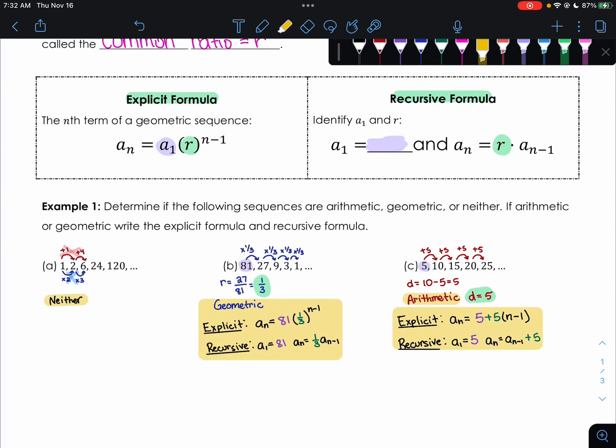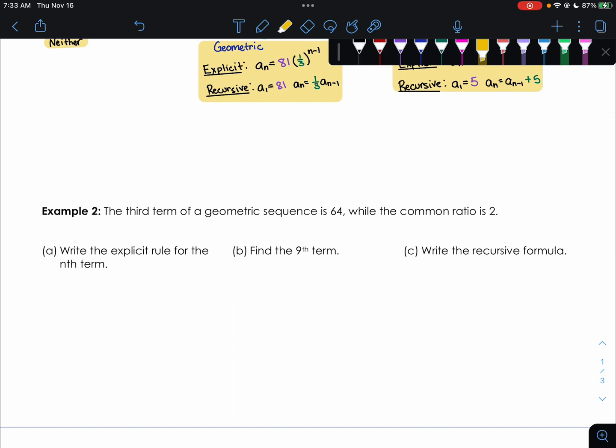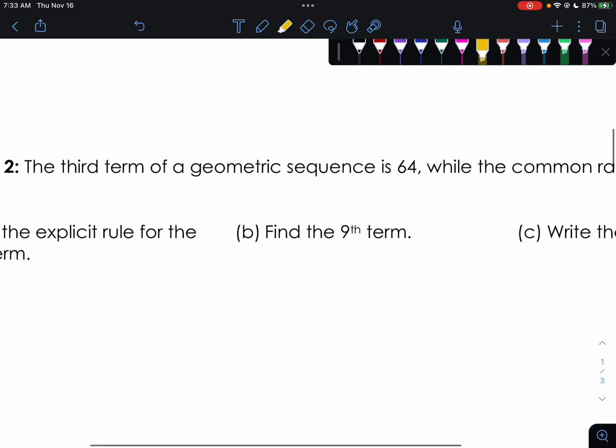So that's a little bit of a review of what we did yesterday and some new stuff for what we're doing today. Now, example number 2: the third term of a geometric sequence is 64, while the common ratio is 2. So a couple things. We know that it is a geometric sequence, and we were told that a sub 3 equals 64.